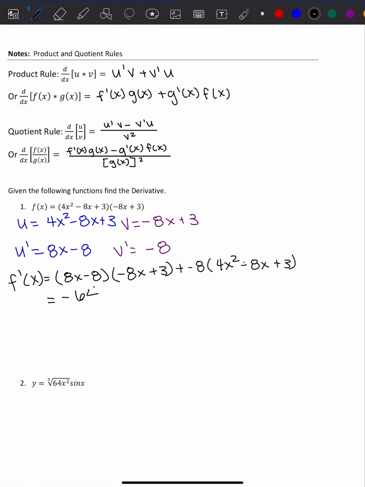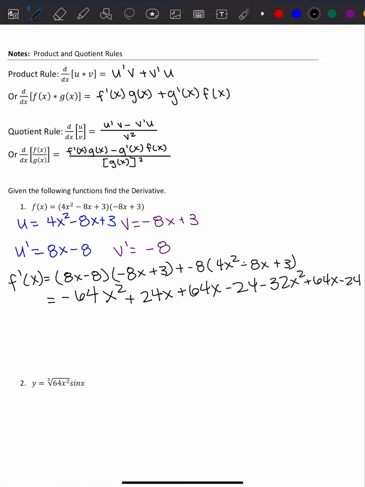So we have negative 64x squared plus 24x plus 64x minus 24. We have a negative 8 times everything, so negative 32x squared plus 64x minus 24.